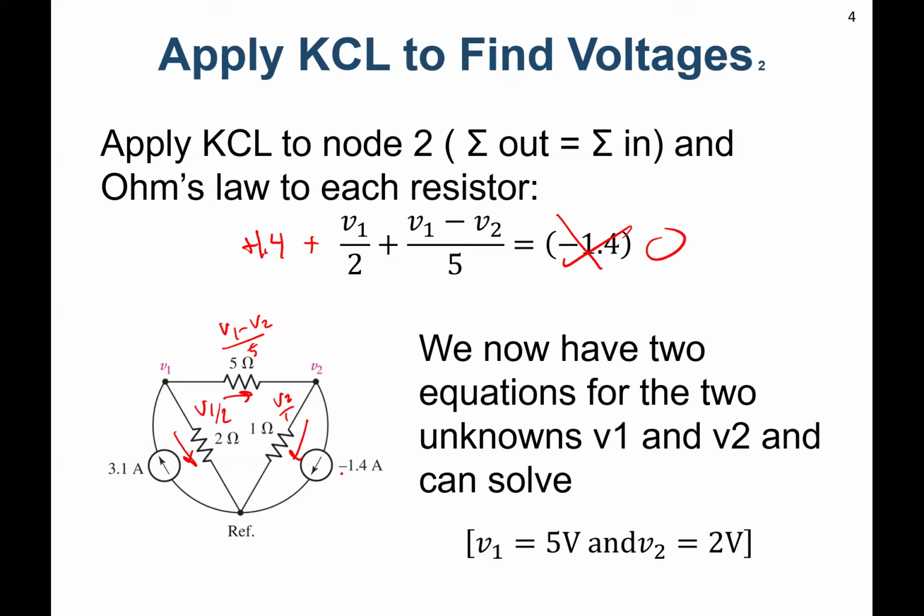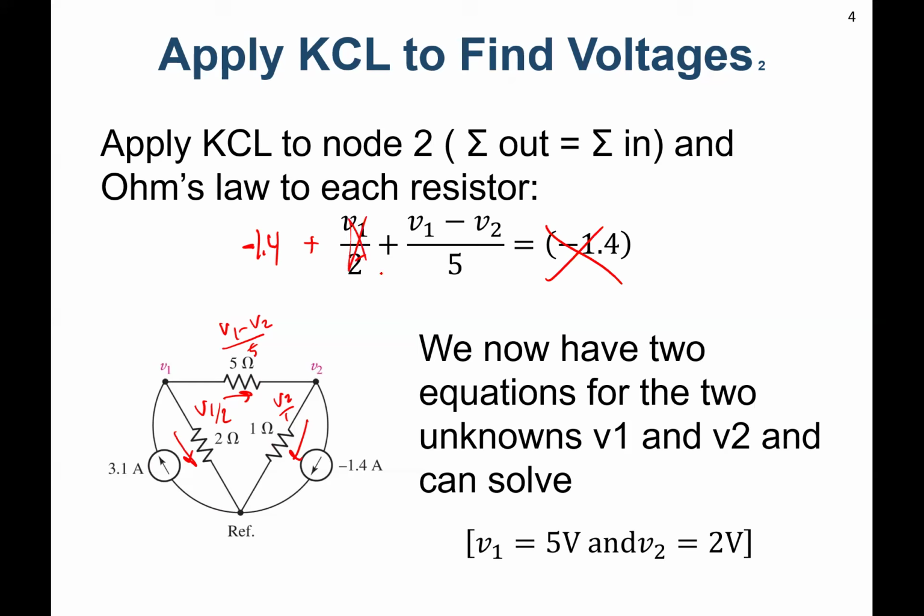This says minus 1.4. So this would be current out of the node is minus 1.4. Right, that's showing us current out of the node. So let me cancel that out just to make it easier. So 1.4, just using the arrow, it's a negative number, no problem. Then I've got the current going through the 1 ohm resistor. So that should be, this is a typo, sorry about that. That should be V2 divided by 1.